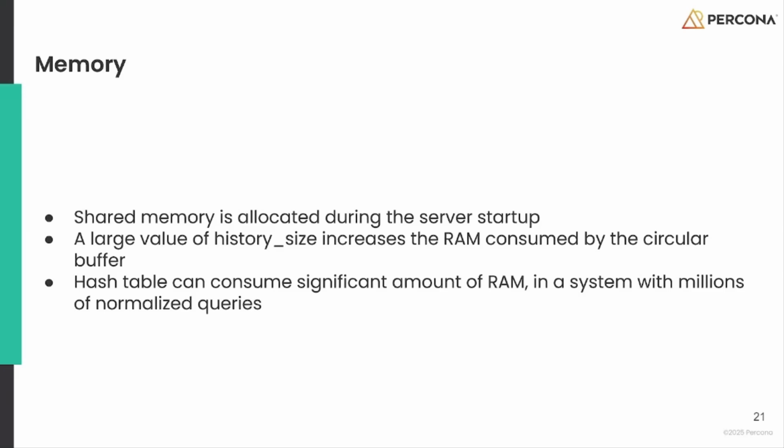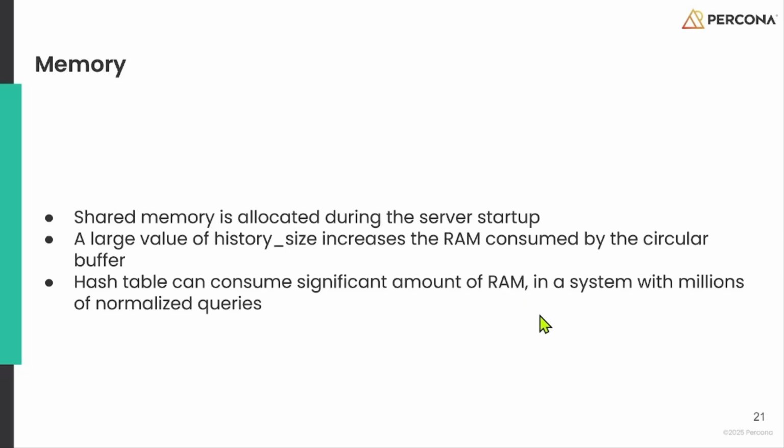Regarding memory, shared memory is allocated during the server startup, based on the number of connections and background processes. A large value of history size increases the RAM consumed by the circular buffer, which is used by the history of wait events. And the hash table can consume a significant amount of RAM in a system with millions of normalized queries.